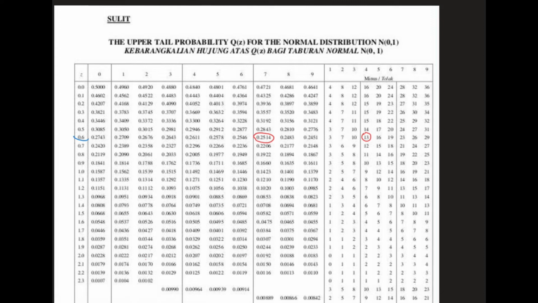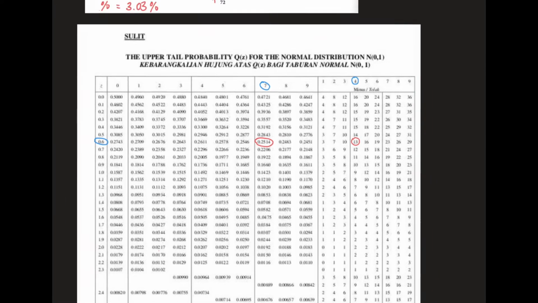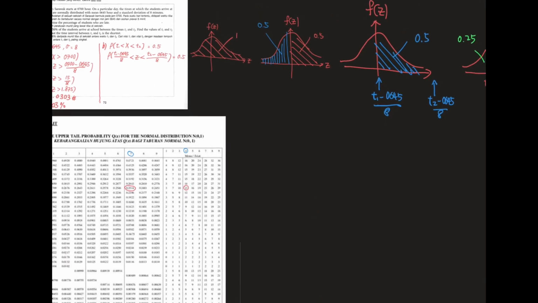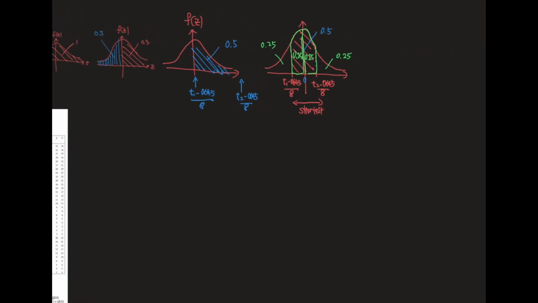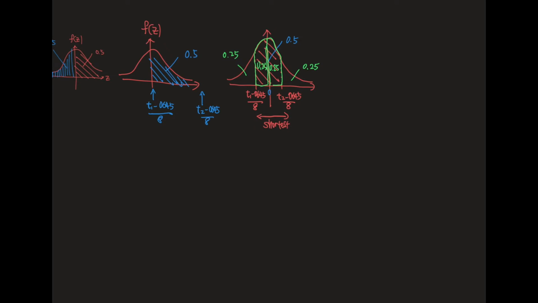We take it by reading the z value at the side, 0.6, and on top 7, that's the second decimal. So now 0.67, and then the third decimal is above the 13, which is 4. So 0.674. Okay, 0.674 is the z-score.